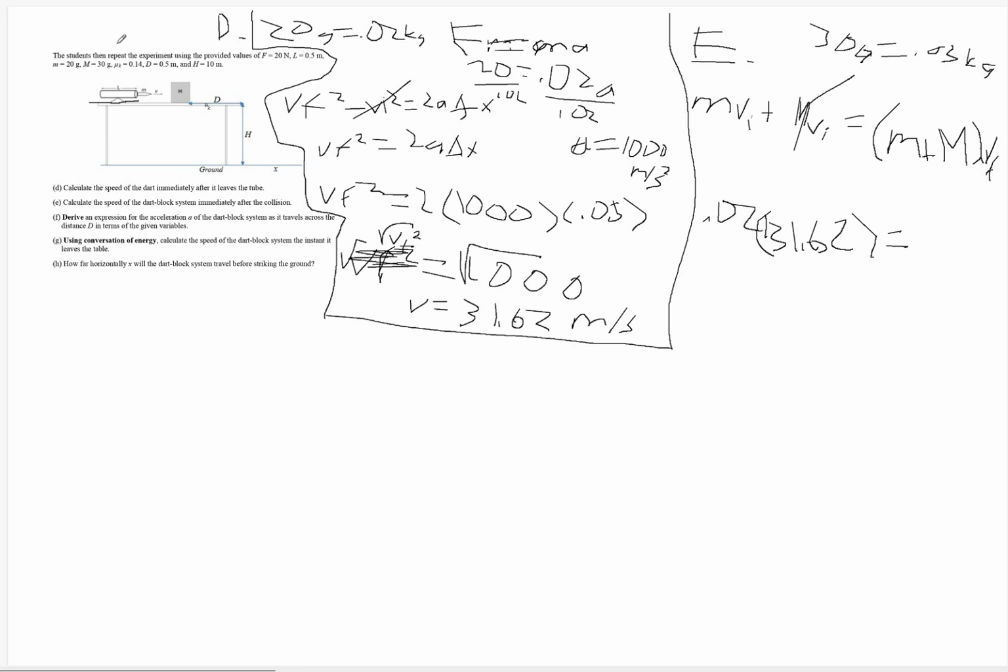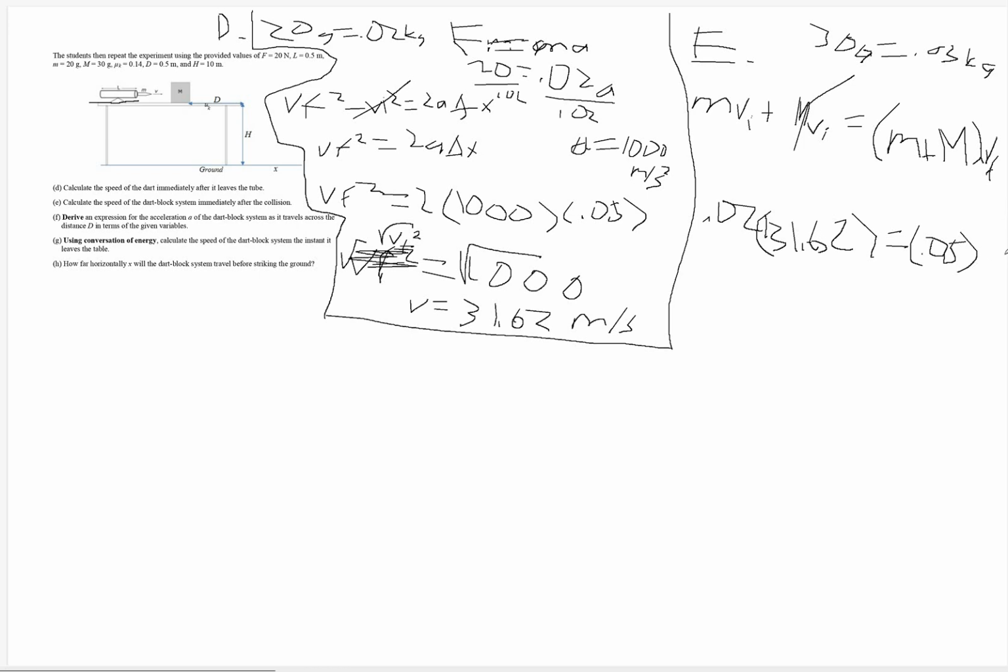So mass of the dart 0.02 kilograms, mass of the block 0.03, and it's equal to 0.05 kilograms. I got it from adding the two masses together because when they collide, they stick together, so they're together.